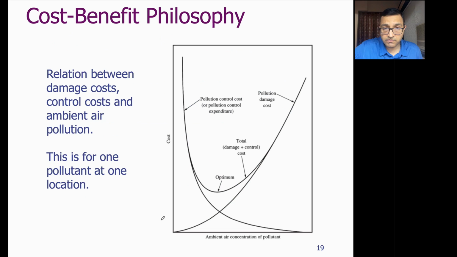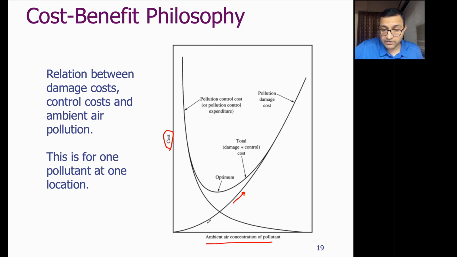So this plot here would make it much more clear what this is about. On the y-axis you have cost, on the x-axis you have ambient air concentration of pollutant. There are three graphs here, but let me break it down for you. This one here is the pollution damage cost.